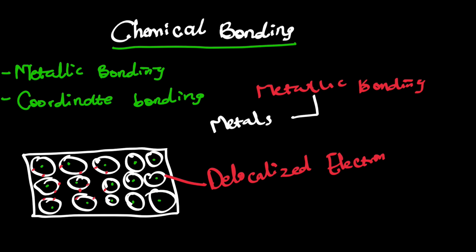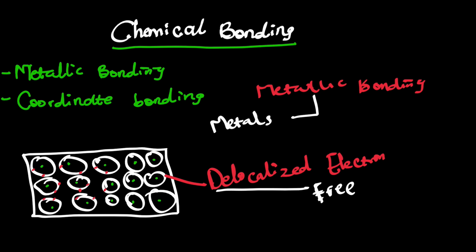Delocalized is actually an English word, and it means when something is free to move. So metals have free electrons. That is, they can jump from their own valence shell to a new shell. They are capable of that kind of movement.